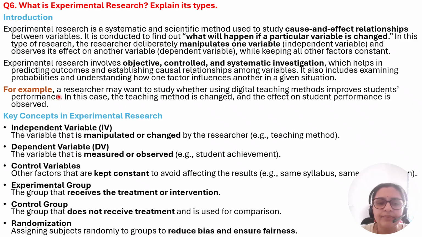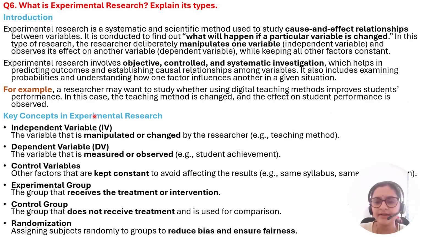For example, a researcher wants to study whether using digital teaching methods improves students' performance. In this case, the teaching method is changed. Various kinds of teaching methods are being used and the effect on student performance is observed.